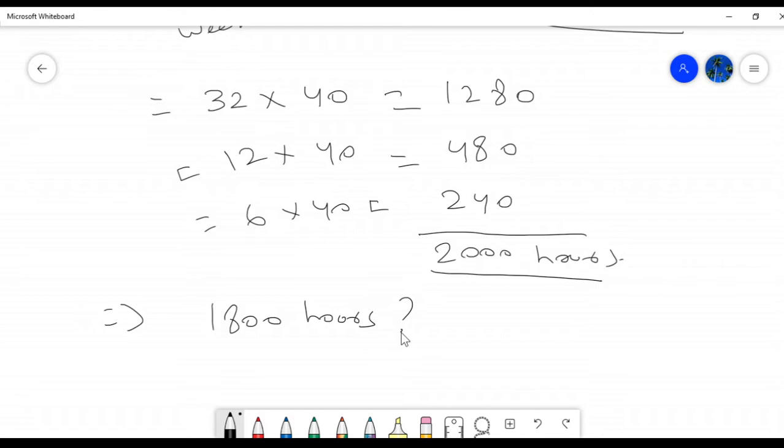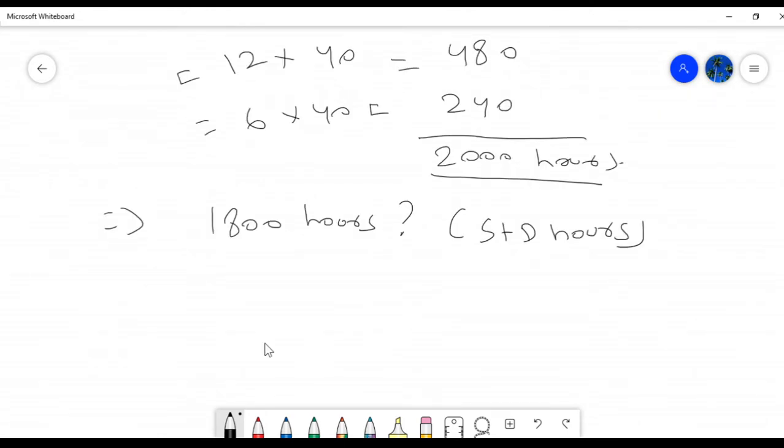Because this is my standard hours produced. The standard information is given for 2000 hours, but how much did I actually spend? It is not about spent, it is the standard. For me, 1800 hours is my standard. So how to identify that?